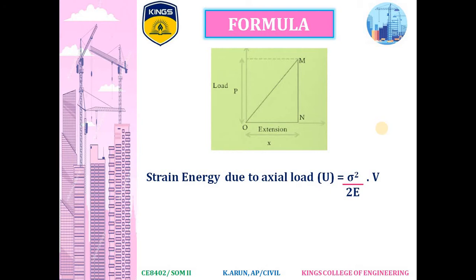Strain energy due to axial load U will be given by sigma square by 2E into V. Here sigma is the stress, E is the Young's modulus, and V is the volume. We all know that volume can be obtained by multiplying the area into length. So I am going to substitute the value for V here. Then the strain energy formula will be U equal to sigma square by 2E into AL. Now we are going to see an example.